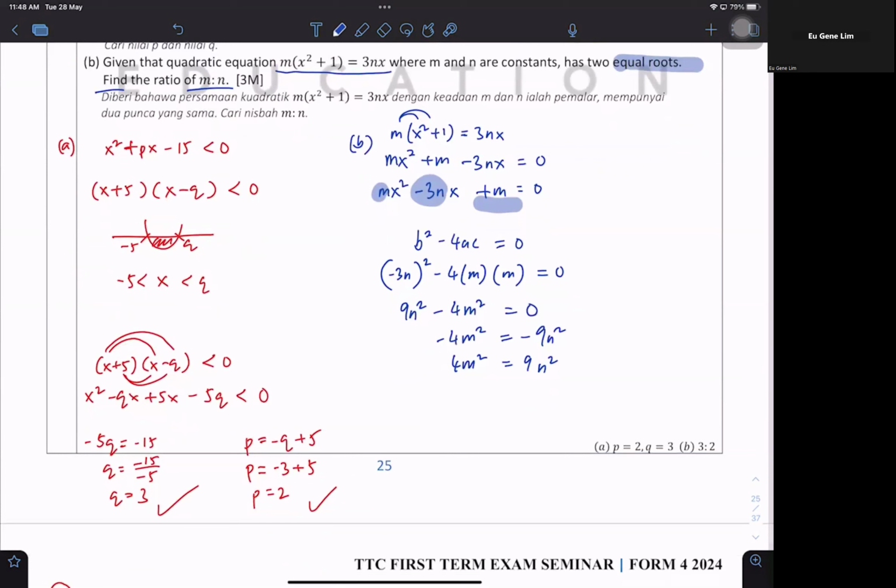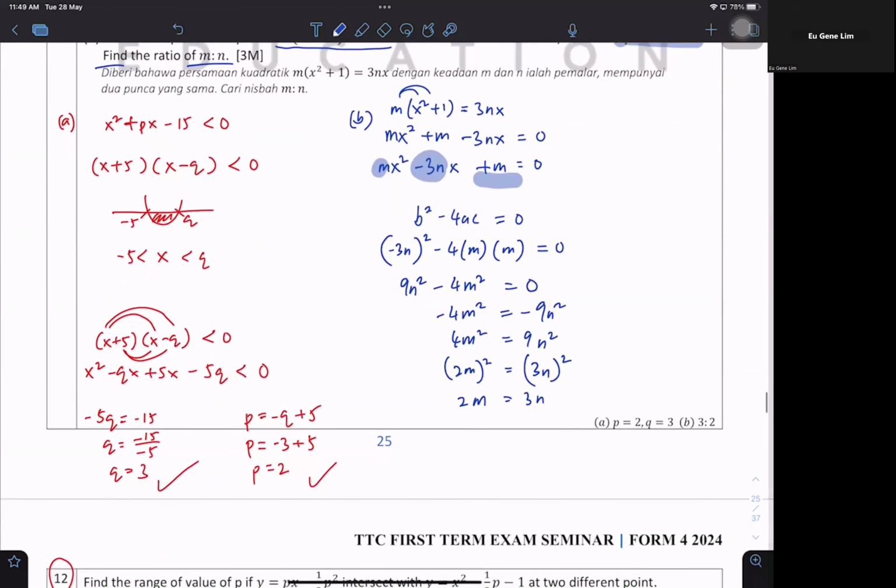Then now you do like this. Actually, this 4m squared is 2m bracket power 2, and this 9n squared is actually 3n bracket power 2, right? Then you cancel off the power 2. So 2m equals 3n.